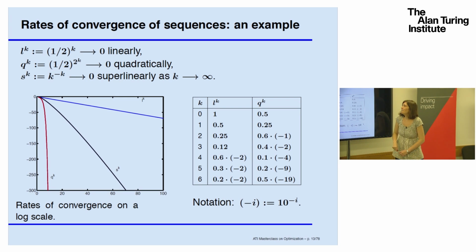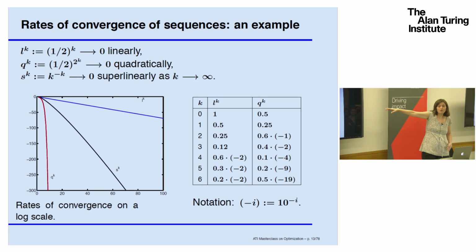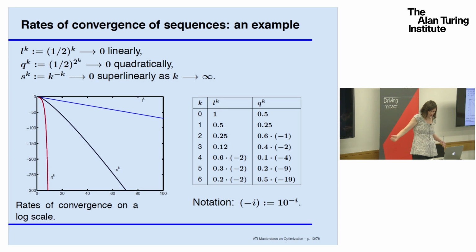But it becomes bad when this factor is not like 0.5 here, but something close to 1, as we will see in just a moment. Besides these rates, we also have sublinear rates, which are slower than any of these. If you're far away from the solution, essentially you will see sublinear rates.